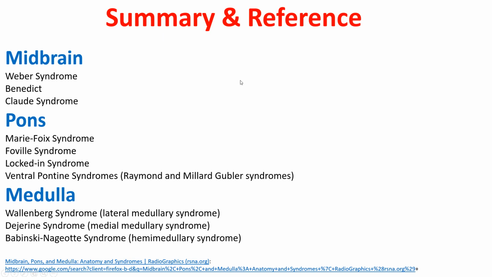To summarize, finally, we have different syndromes for vascular occlusion: the Weber, Benedikt, and Claude syndromes for the midbrain; Millard-Gubler, Foville, locked-in syndrome, and ventral pontine syndrome for the pons. In the medulla, the lateral medullary or medial medullary syndrome, and the hemimedullary syndromes.